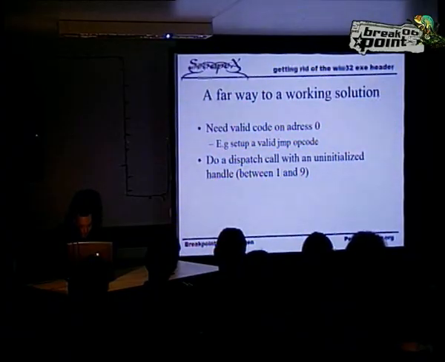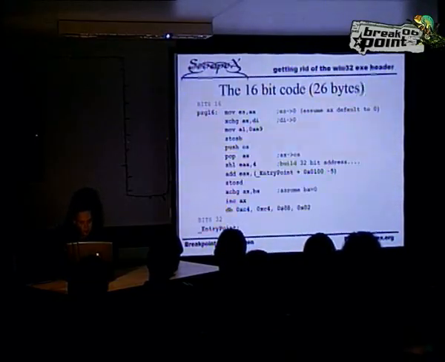But it's enough to provide, for example, a jump. So all you need to do is make sure there is valid code at address 0, like a jump to your 32-bit code, and then do the dispatch call with an uninitialized handle between 1 and 9. And voila, you will get a real Windows 32-bit call from your COM file.